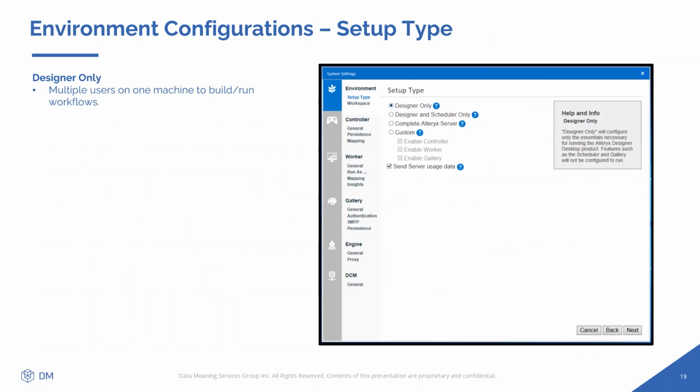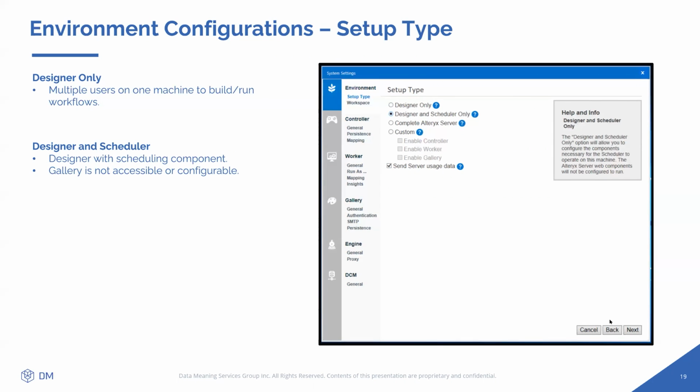This is where we define which components of the server are going to be enabled on this machine. The first two options, Designer only and Designer and Scheduler only, are quite rare among the clients, but it is possible.